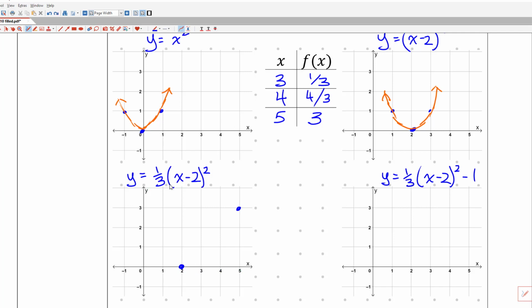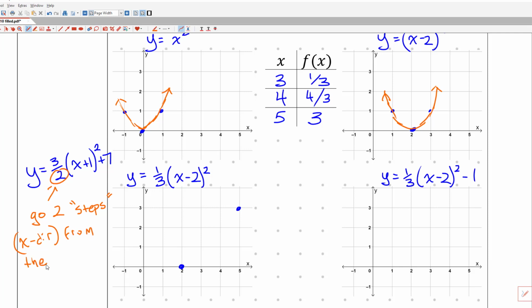So if it's like y is equal to 3 halves, in parentheses x plus, I don't know, I'm just making up numbers at this point. This 2 means go 2, I'm going to call them steps for lack of a better term. 2 units in the x direction from the vertex.